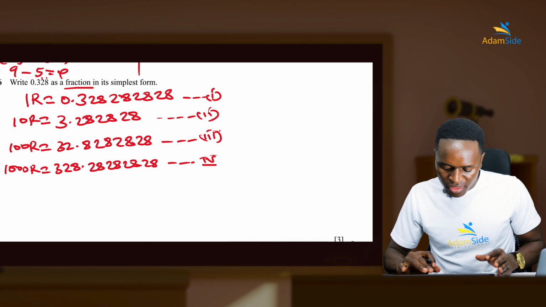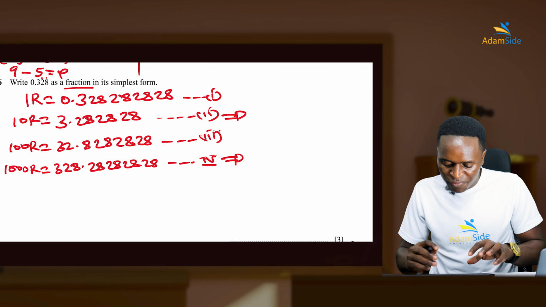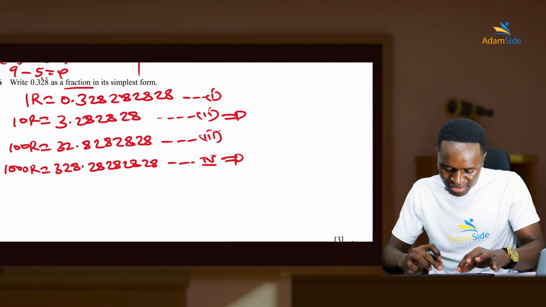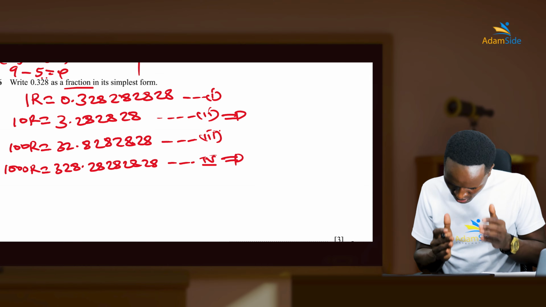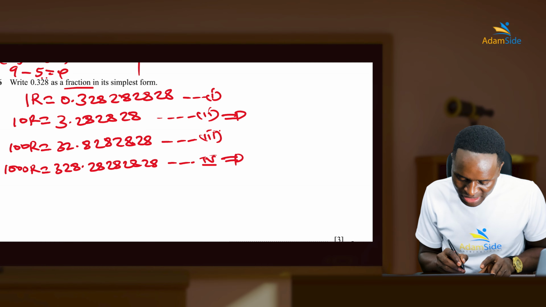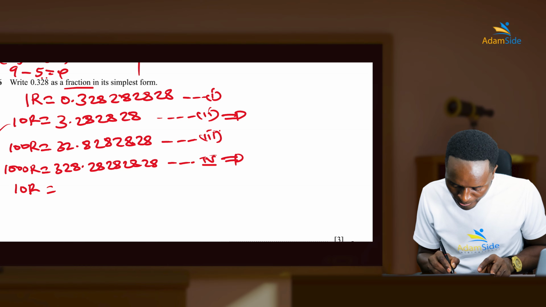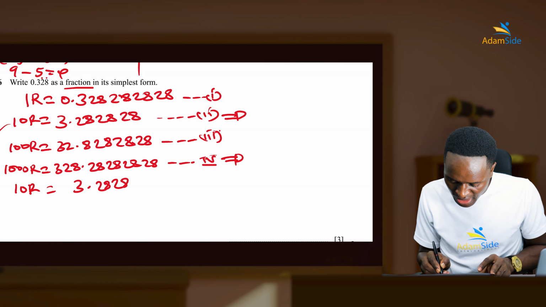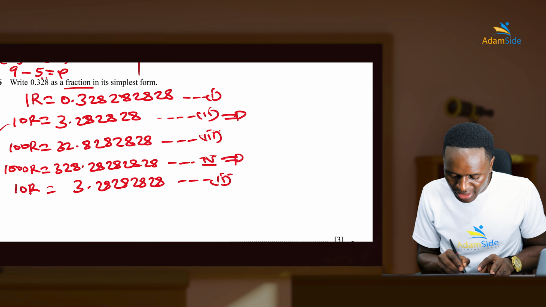You can see my fourth equation and this one. If I subtract, I'll get 0 on the decimal. Wow, that's the major goal. So I'll take this one at the bottom and say minus 10r is equal to 3.28282828. So the idea is to get 0 on the decimal part.